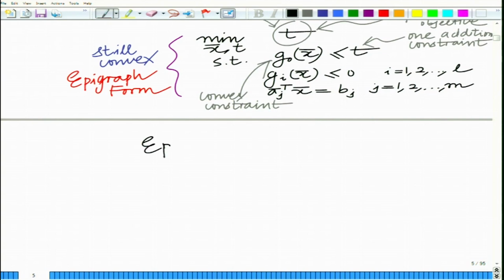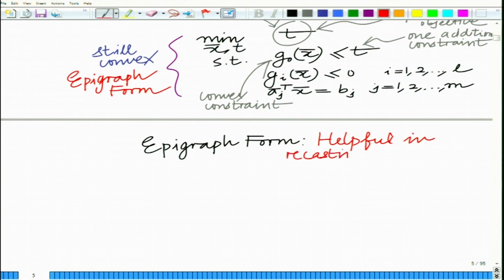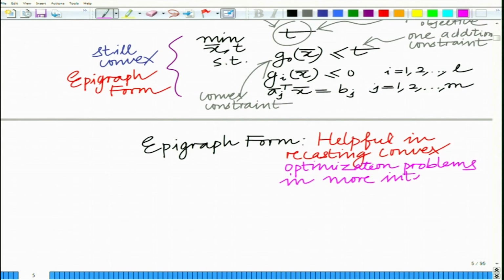So, the advantage of the epigraph form is basically that it is helpful in recasting convex optimization problems in a more interesting or intuitive form.